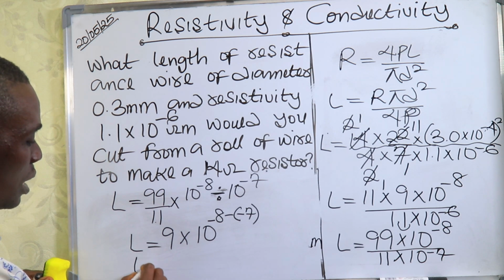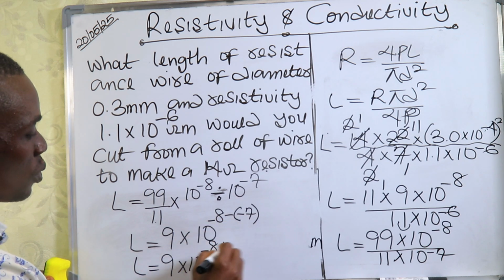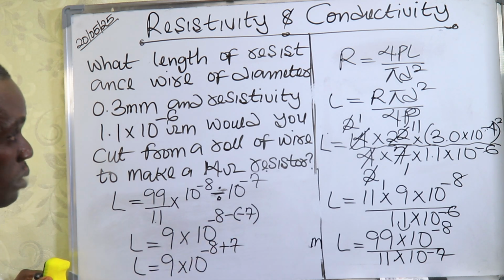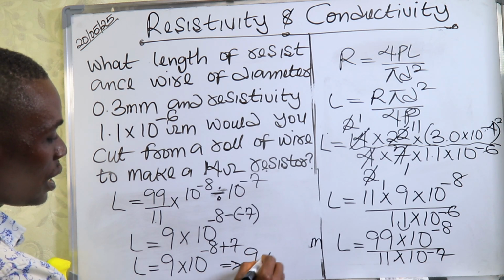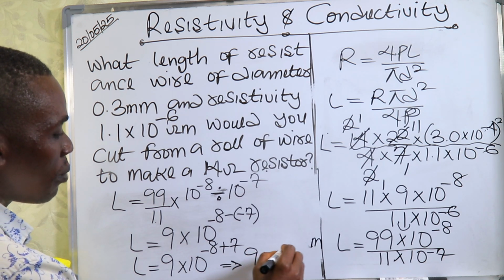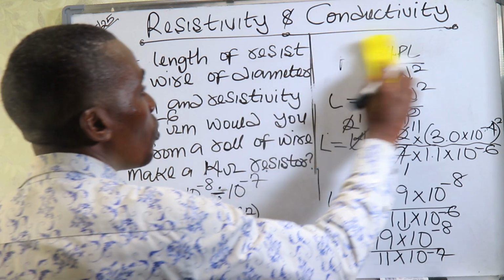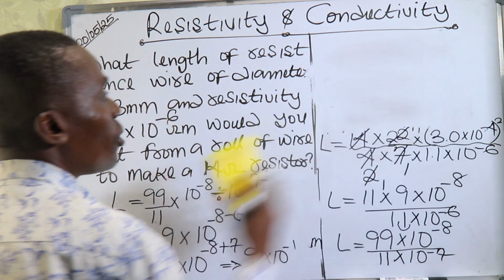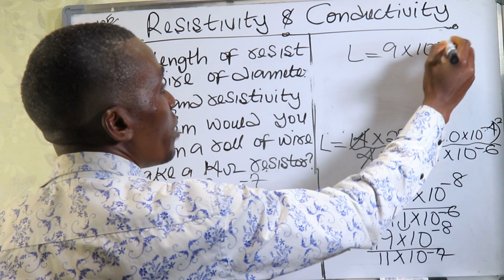So we will get our length equal to 9 times 10 to the power of minus 8 plus 7. Minus 8 plus 7 gives us our answer: 9 times 10 to the power of minus 1. That means our length is 9 times 10 to the power of minus 1.